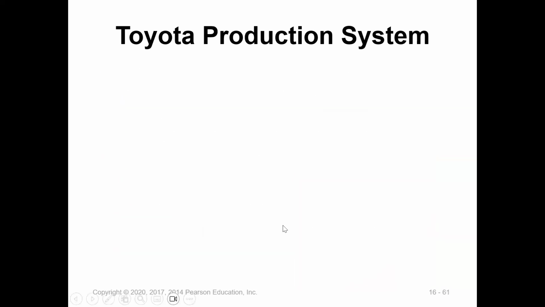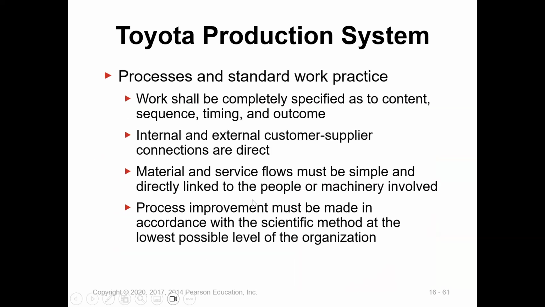Empower employees. Standardized work: work shall be completely specified as to content, sequence, timing, and outcome. Material and service flows must be simple and directly linked to the people or machinery involved.